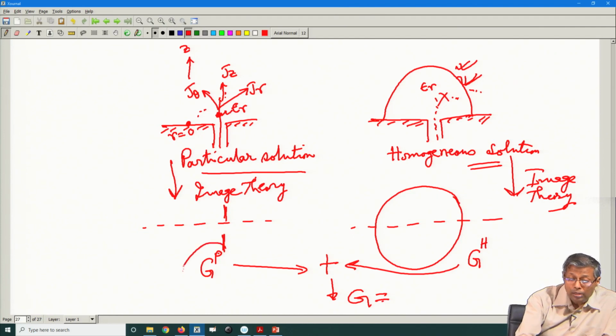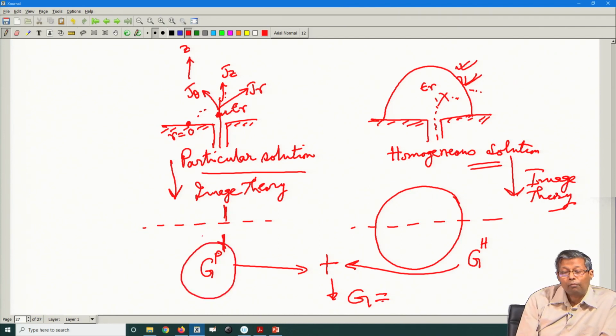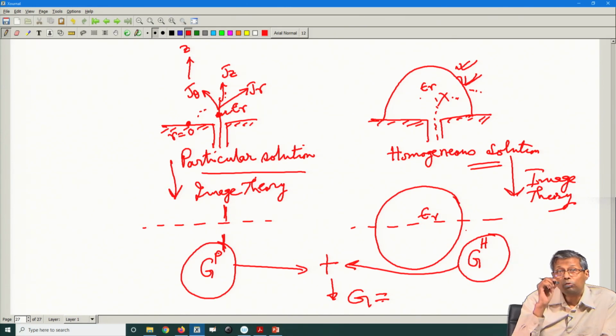That information is in Gp. I remove the probe, I cast away the probe, have the dielectric resonator only present, and again the response is contained in this term Gh, but I still do not know the current on this probe.